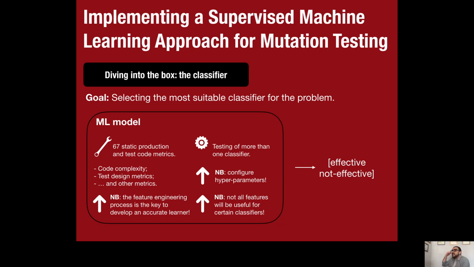That means that you may want to run some feature selection algorithm, namely algorithms able to identify which features are the most important for the classifier. And this is especially important because you may have correlated variables among the set of features that you selected.